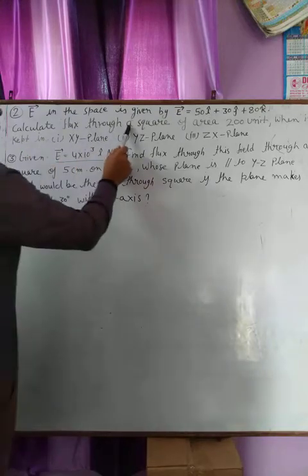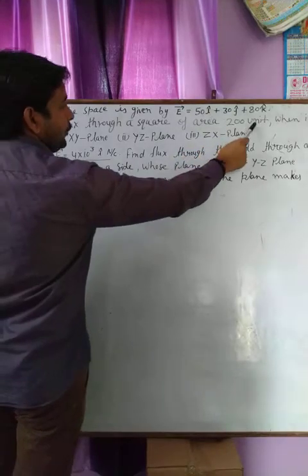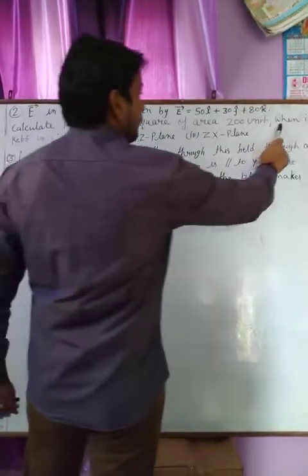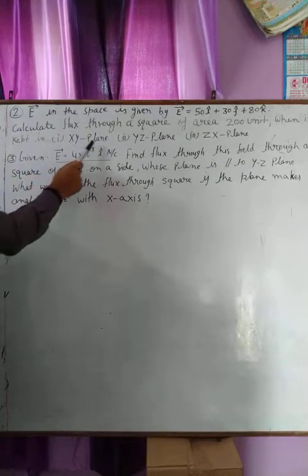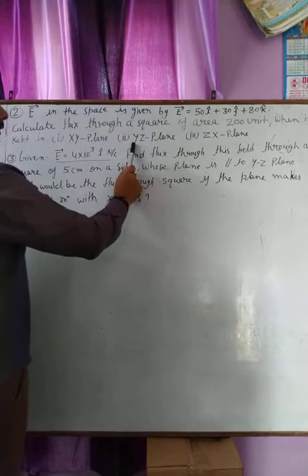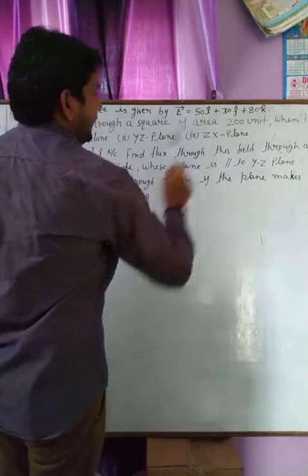Calculate the flux through a square of area 200 units when it is kept first in the XY plane, second in the YZ plane and third in the ZX plane.